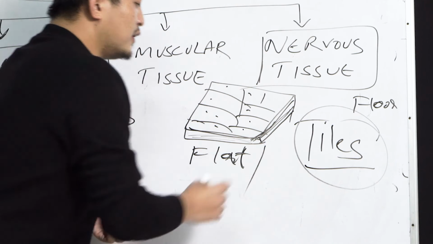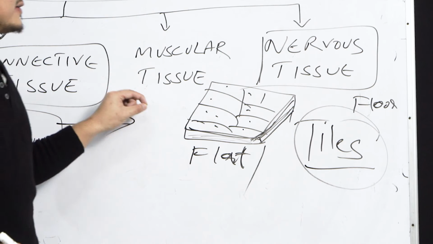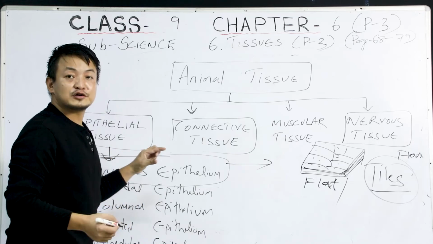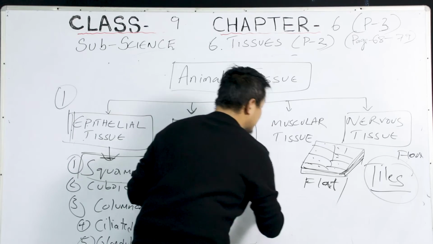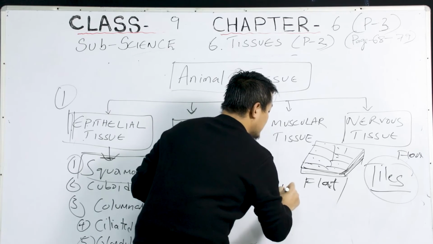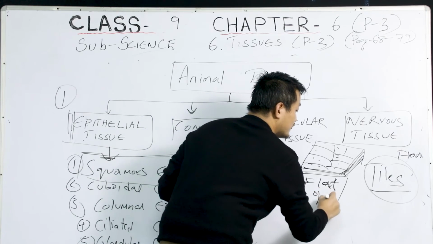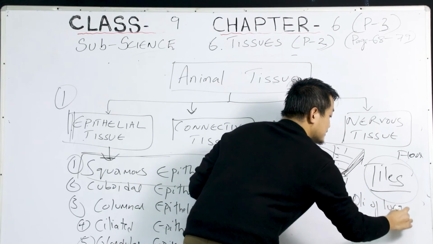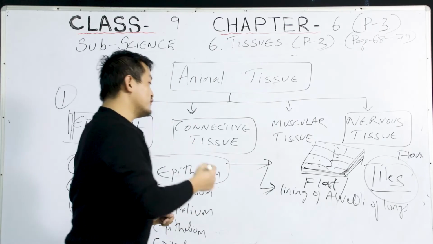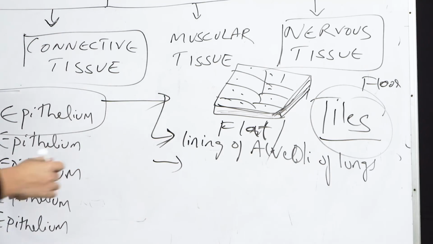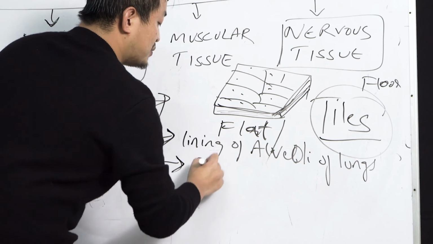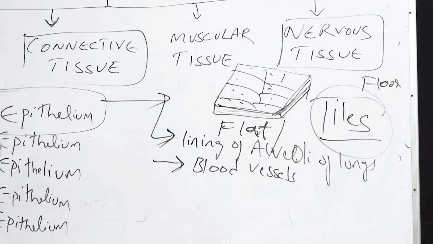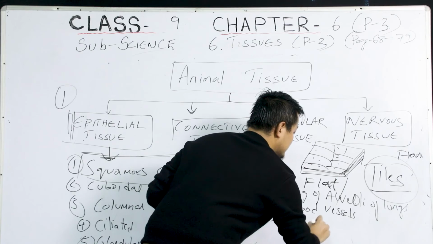Now students, where will we find this squamous epithelium in our human body? We'll find it in the lining of alveoli of lungs, and in the blood vessels, and even in the cheeks.